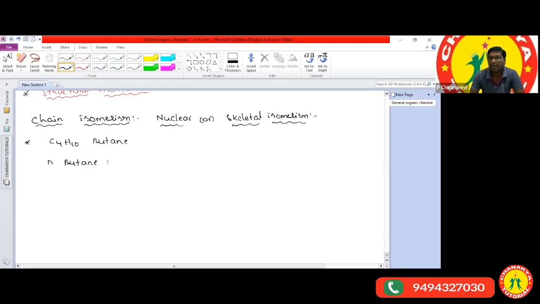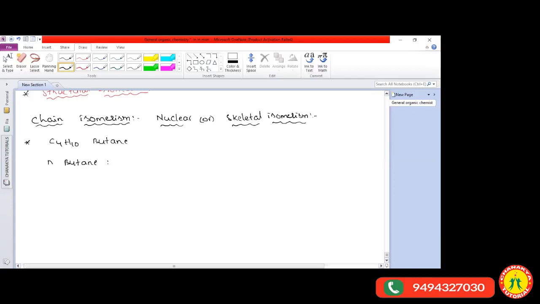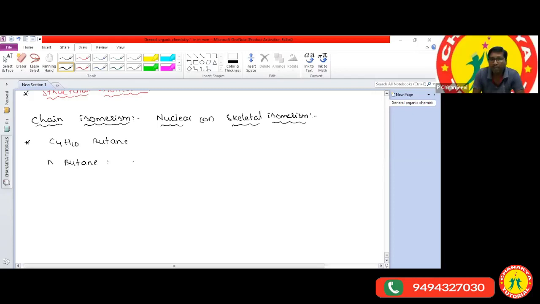Bute means how many carbon atoms? 4. If all 4 carbon atoms are present in a straight line, that is CH3, CH2, CH2, CH3, then we can call it N-butane.